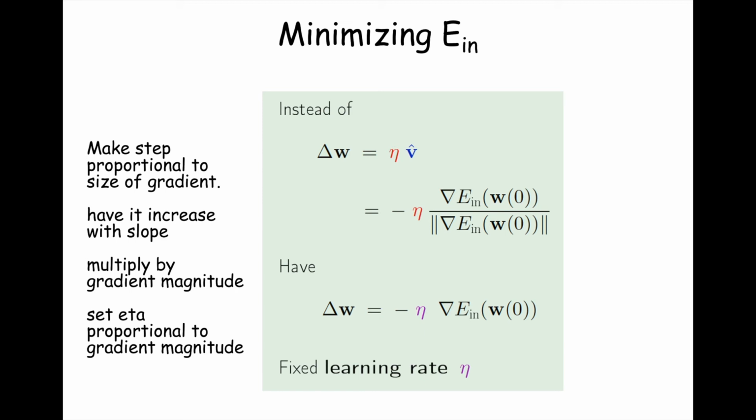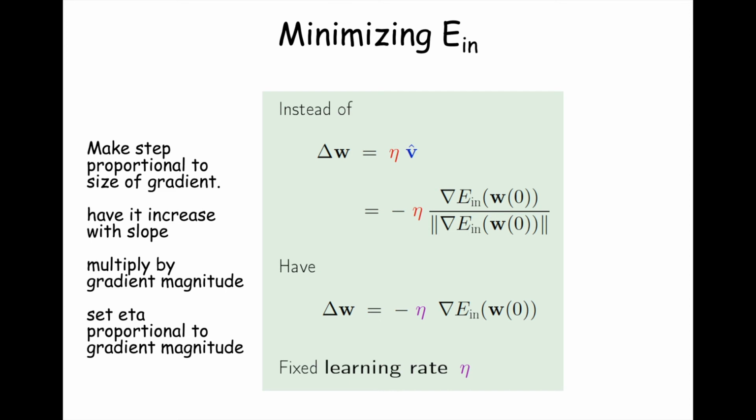So what we're going to do now is we're going to replace this eta with a minus eta prime, and that minus eta prime is going to replace this eta, where this eta prime is equal to eta times the magnitude of En evaluated at W naught.